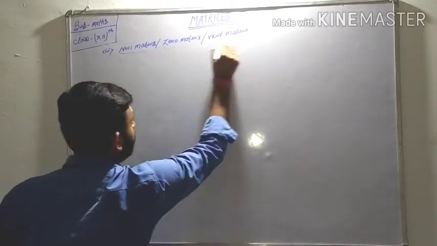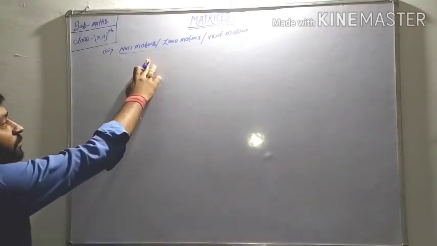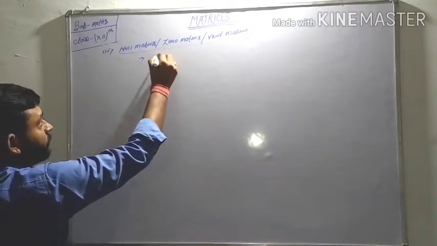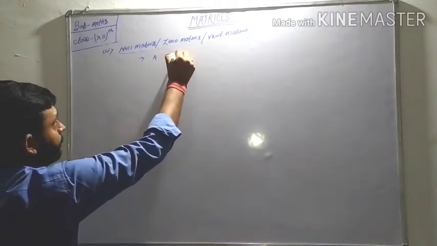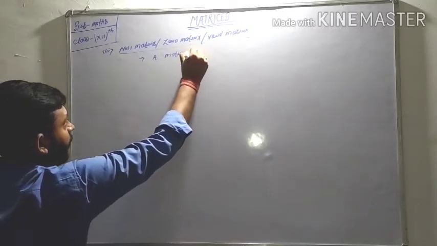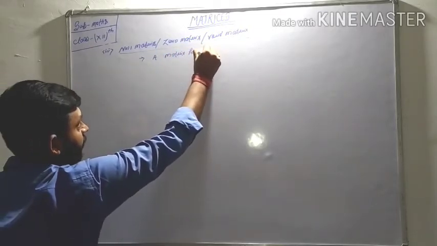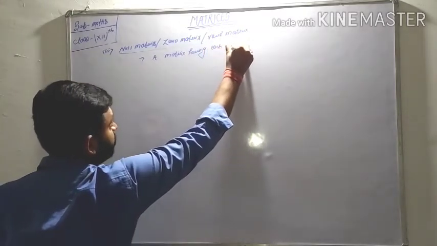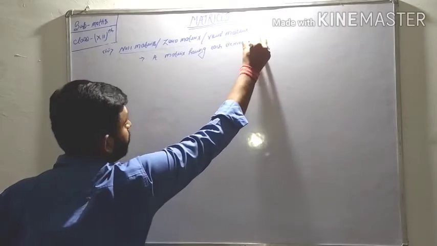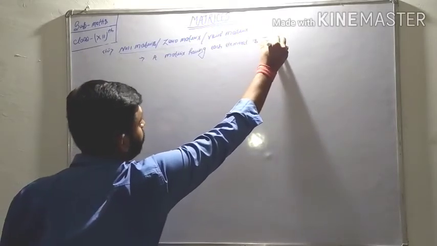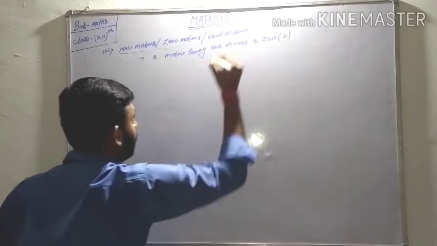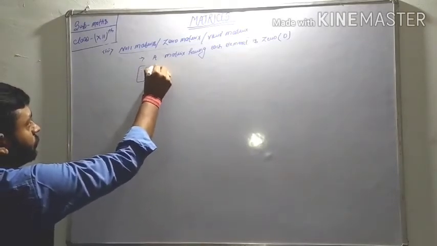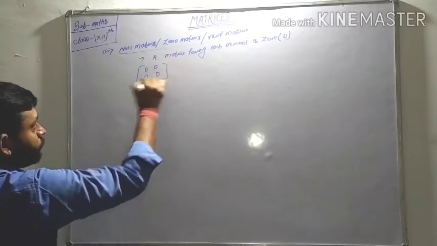A null matrix is a matrix having each element equal to 0. A matrix in which each element is 0 is called a zero matrix or void matrix. For example, 0 0 0 0.